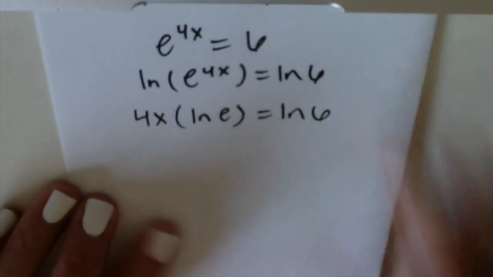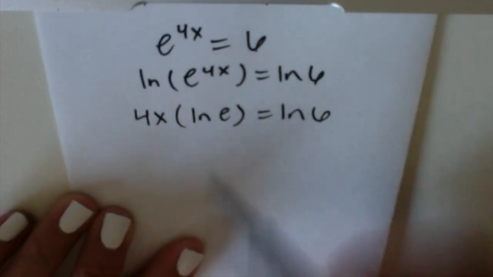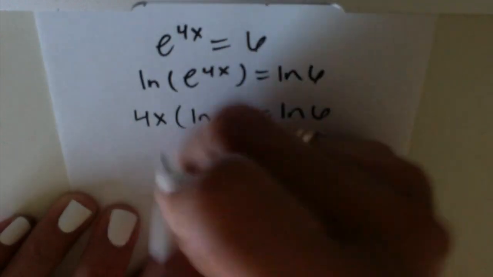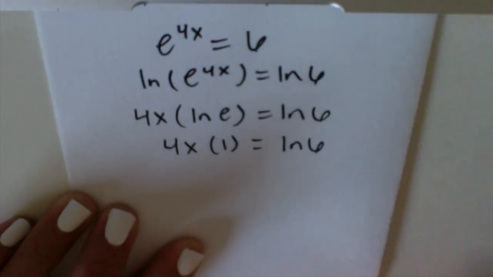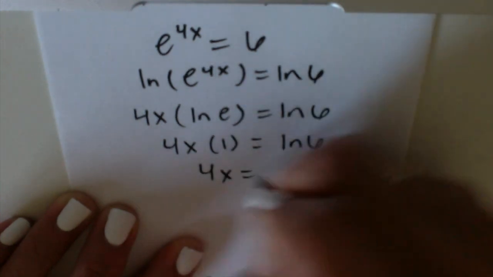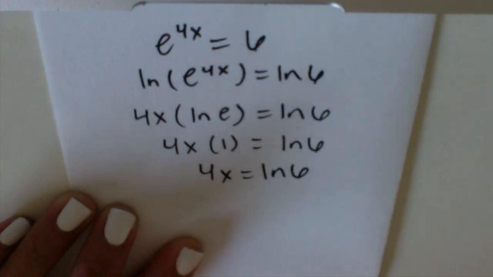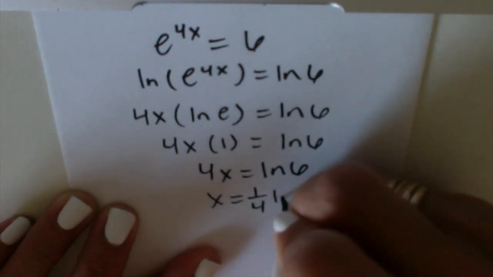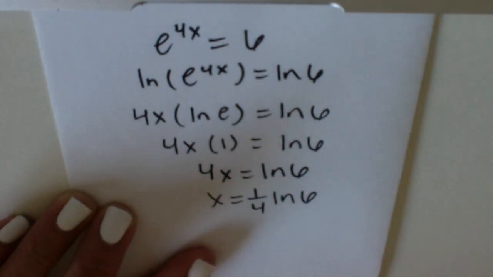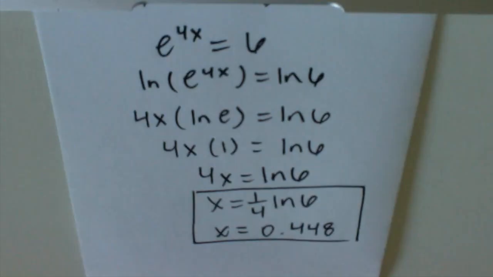And just like the previous problems, you have ln of e equals 1. So now we have 4x equals natural log of 6. And we'll divide both sides by 4. So we get x equals 1/4 natural log of 6. And let's also get that decimal value.